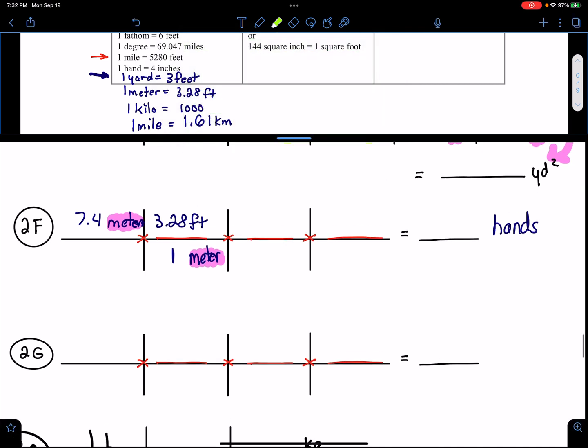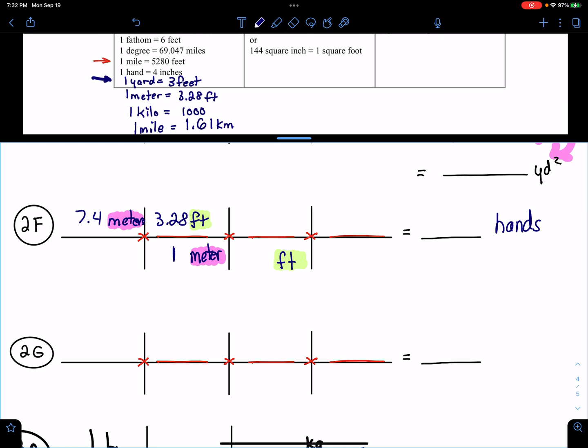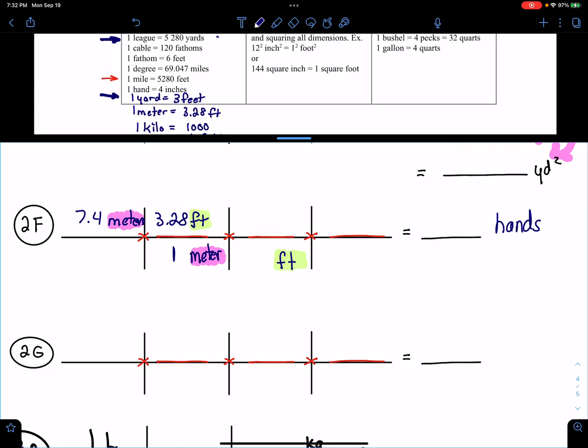Now, I have feet. I don't want feet. I want hands. So I've got to put feet down here to get rid of it. I'll put FT so that way I keep it similar. Okay, so I need to find something that I'm going to change feet to. Let's see here.